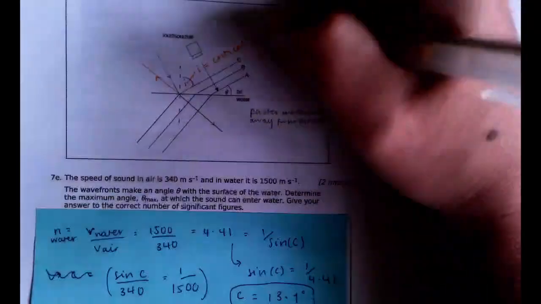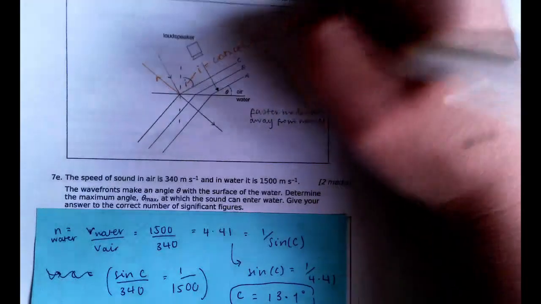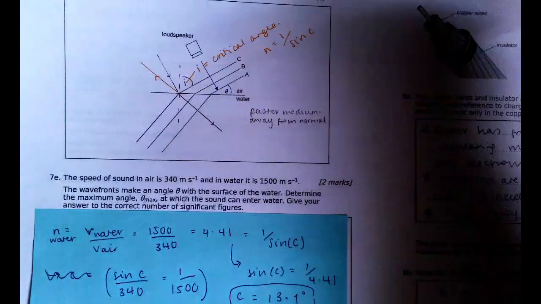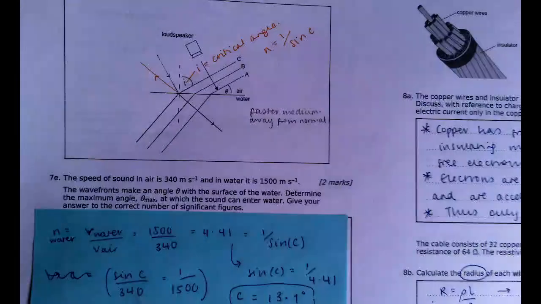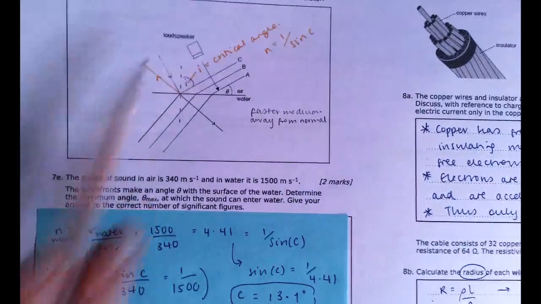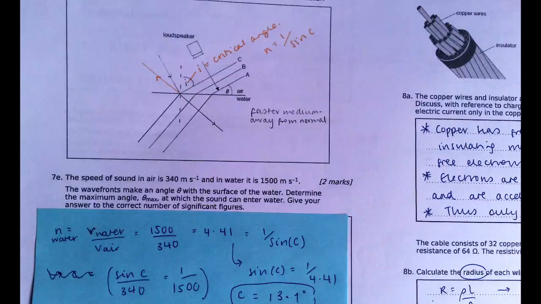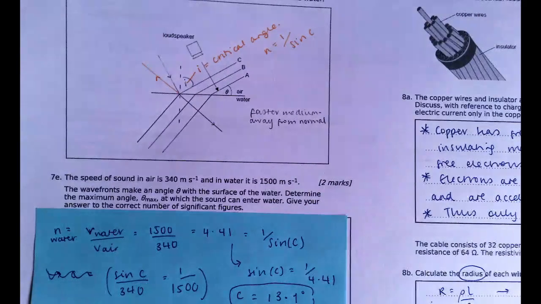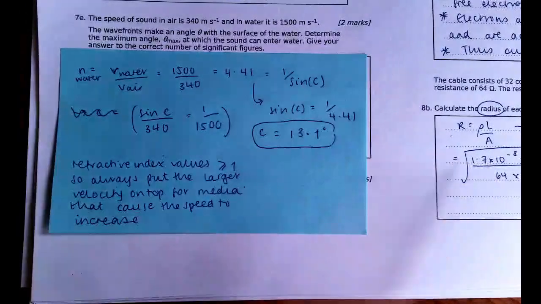Okay, and we know that n is equal to 1 over sine of the critical angle. So the refractive index that we're looking at here for the air is equal to 1 over sine c.